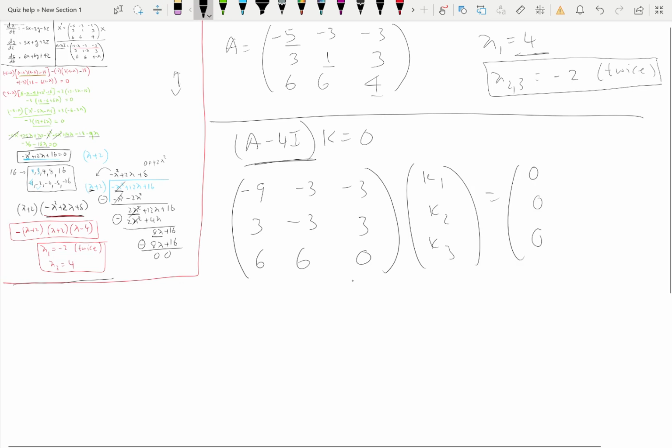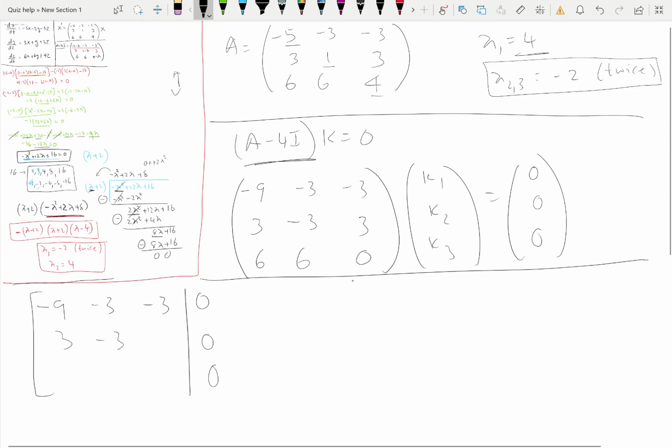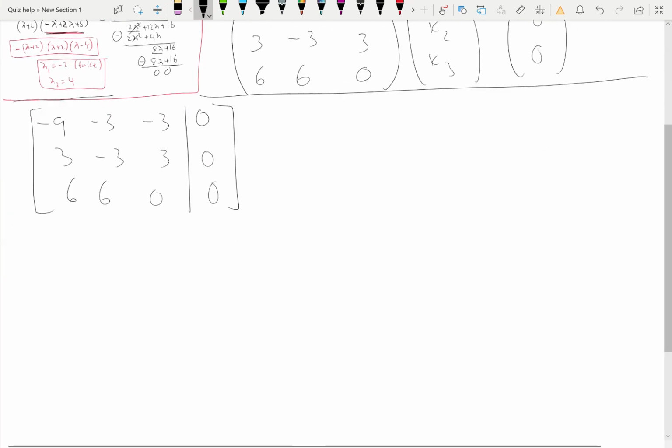Now we use Gaussian elimination, as you know. So let's write down the augmented matrix. Now take a look at this matrix and decide what you would do first. You can see all the numbers are big, right?